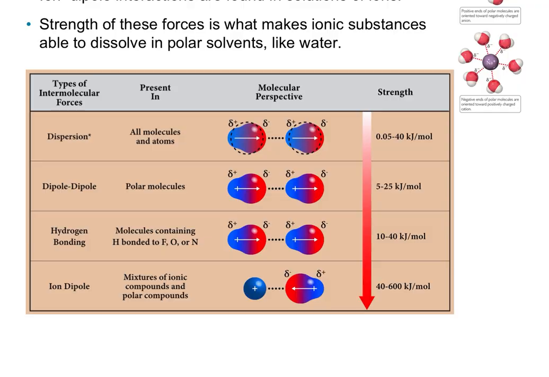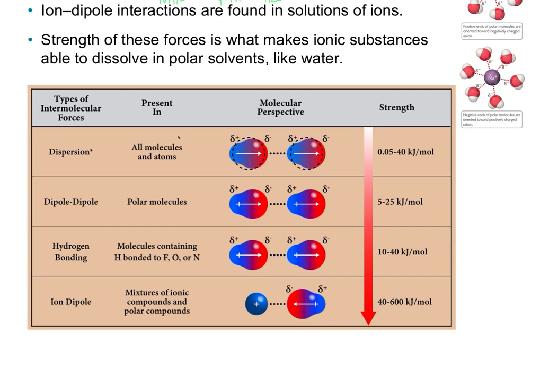So if we look at all of the IMFs, we have dispersion. All molecules and atoms have it, and it's more temporary. It can go from a low amount to a fairly high amount if you get really high molar mass. We have dipole-dipole, which only happens for polar molecules. It's a permanent dipole. It can be stronger than dispersion, but it doesn't have to be, it depends.